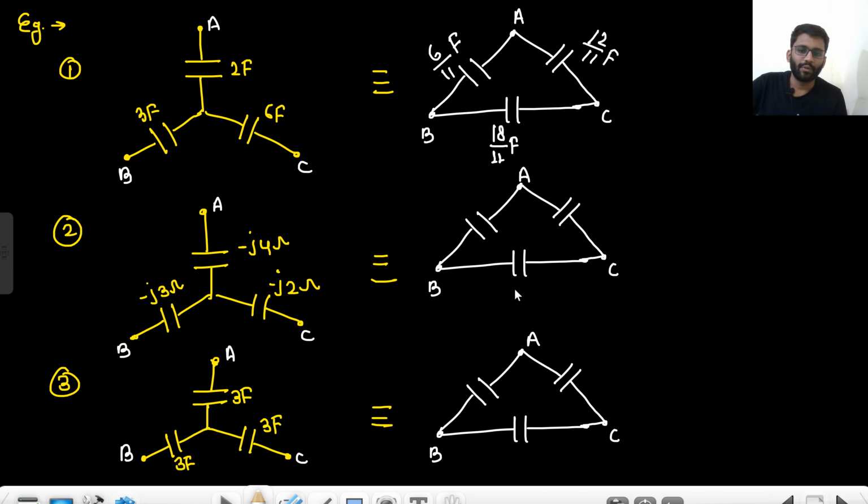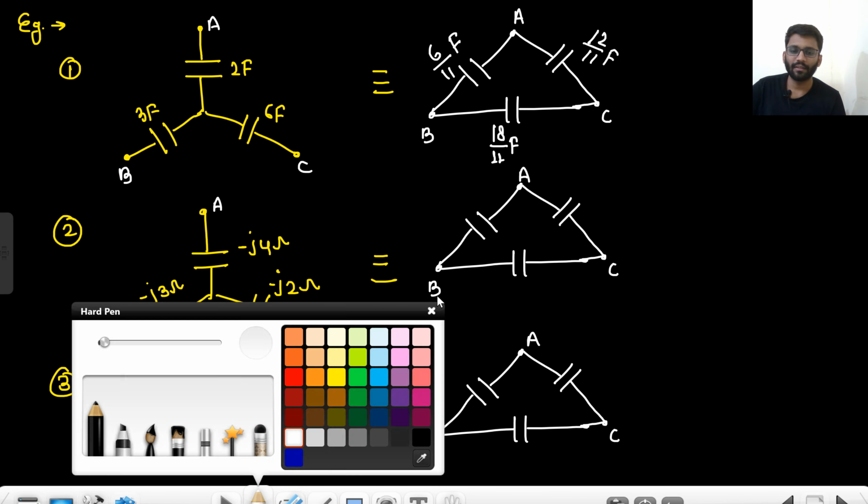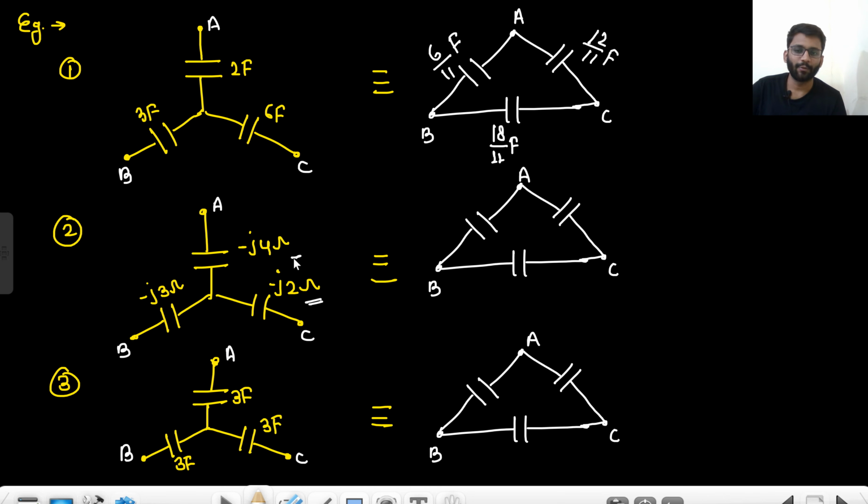So, okay, what do you think? What will be the value of this? Multiplication of these two divided by all means 6 divided by all, 4 plus 3 plus 2, 9. Is this your answer? No, this is wrong. Why so? Because these are impedances, and for impedances we derived a different formula.